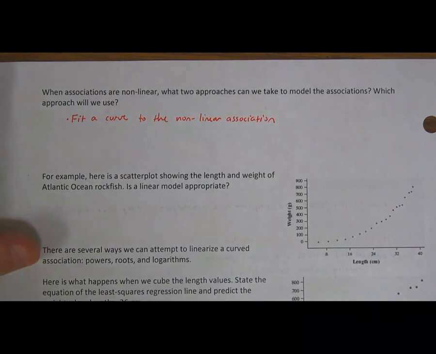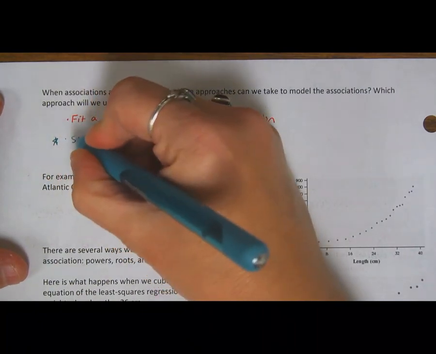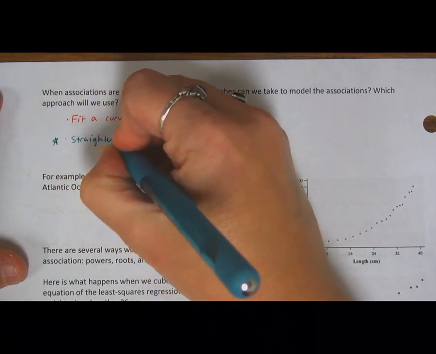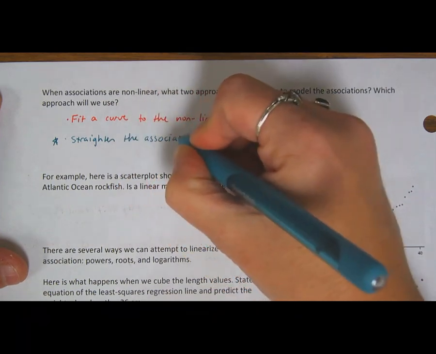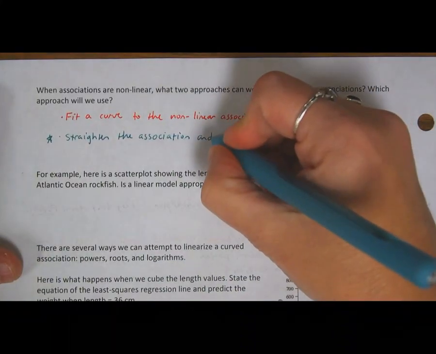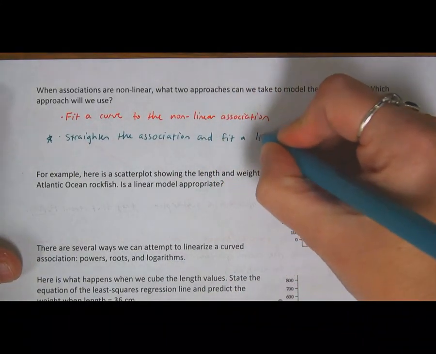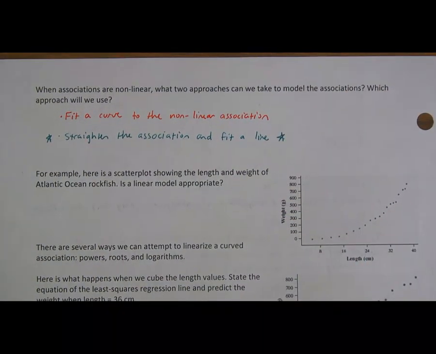But in this class, what we're going to do is straighten the association by doing some kind of math and fit a line to it. And that's what we are going to do in AP Statistics.